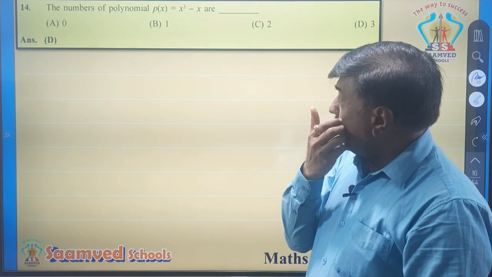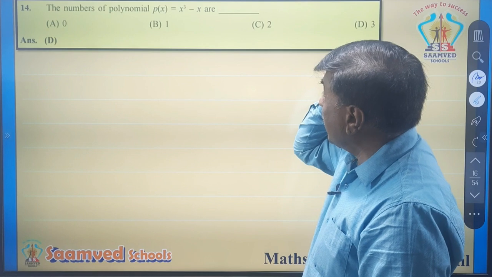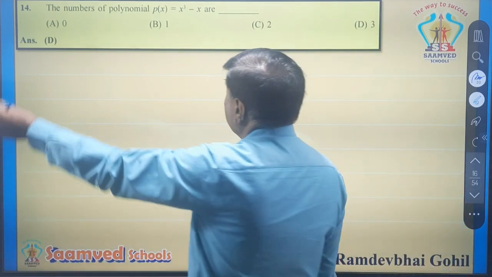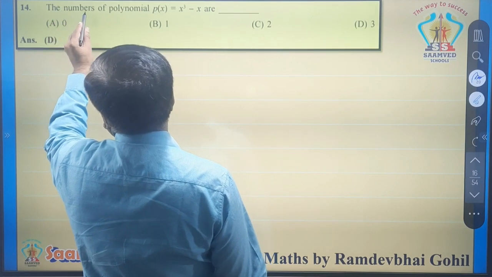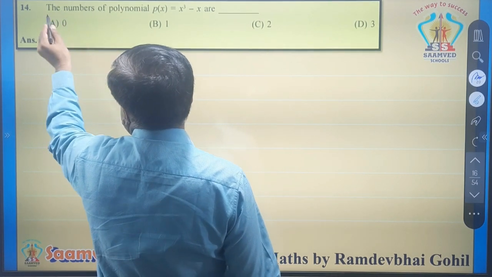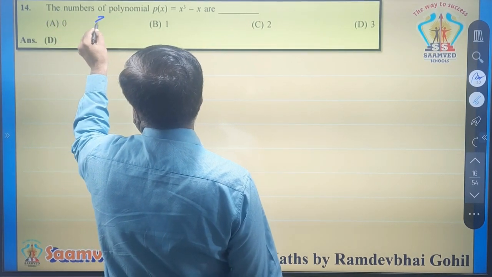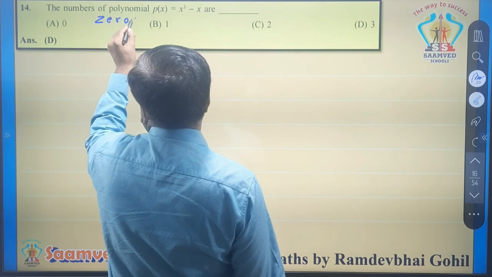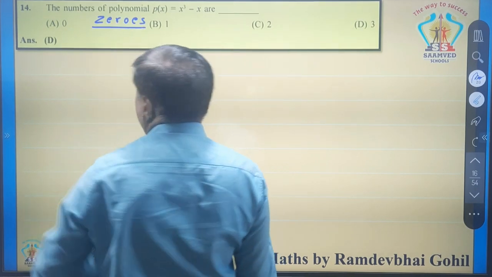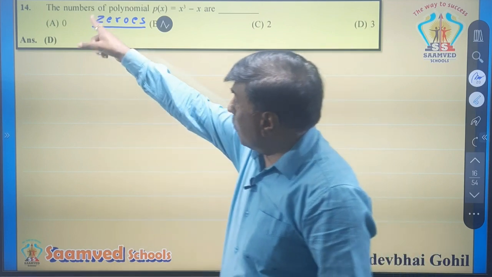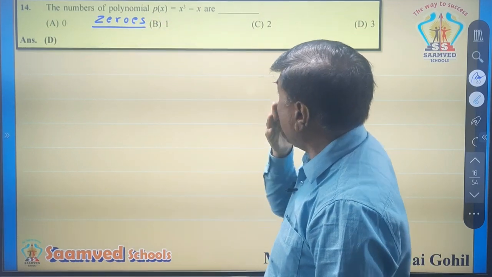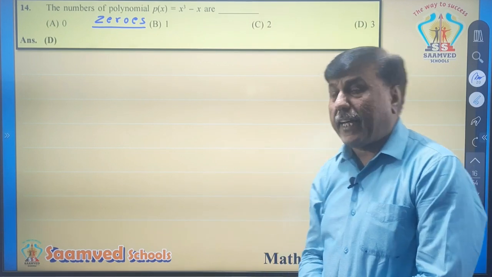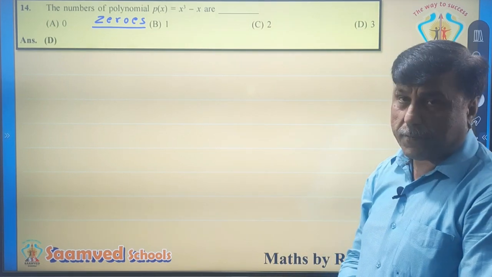14. The numbers of polynomials, not there is number, it may be number of zeros. The number of zeros. Question should be like this. Number of zeros of polynomial p of x is equal to x cube minus x are dash.